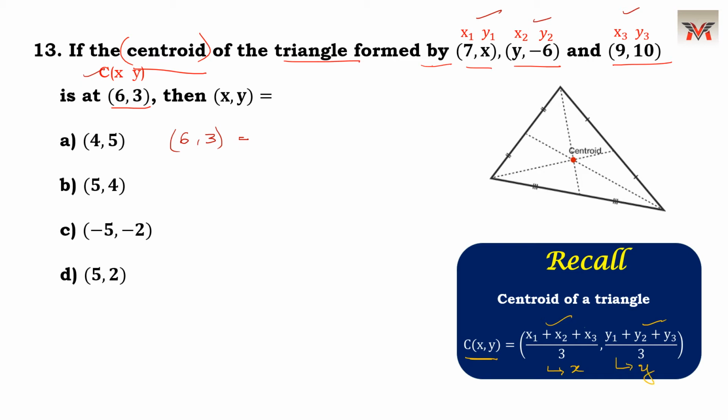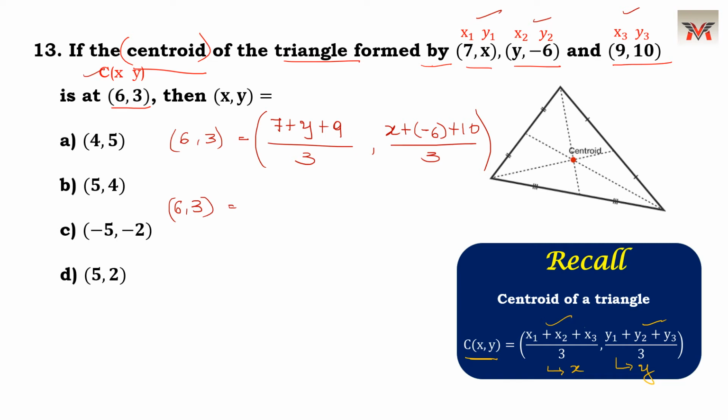Fine. (6, 3) is equal to ((7 + y + 9)/3, (x - 6 + 10)/3). So it becomes (6, 3) equals ((9 + 7 + y)/3, (x + 4)/3).